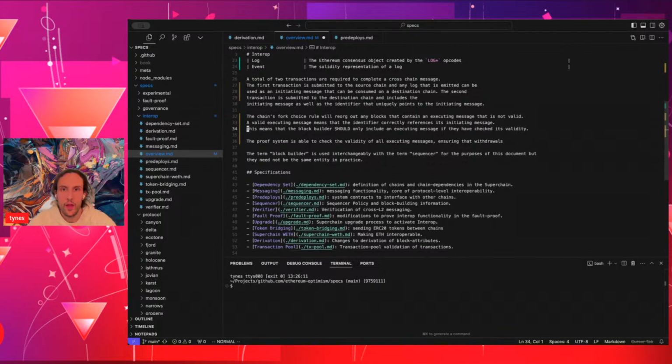This means that the block builder should only include an executing message if they have checked its validity. Okay, so the proof system is able to check the validity of all executing messages.